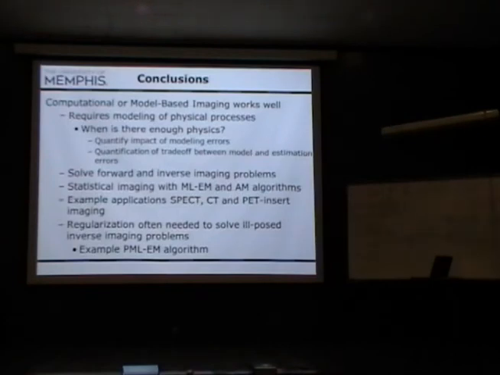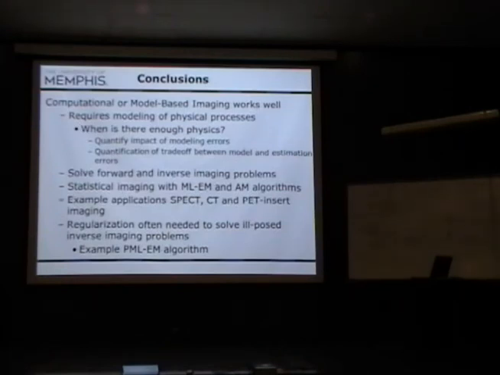It is up to us to quantify the impact of the modeling errors and to quantify the trade-off between model and estimation error. So there is an error because of the approximations that we make in our model, but there's also an error in our inverse problem solution. So we have to figure out how to trade those off.